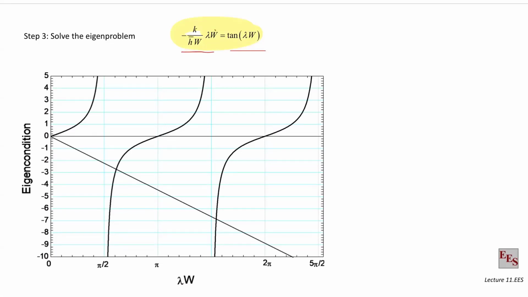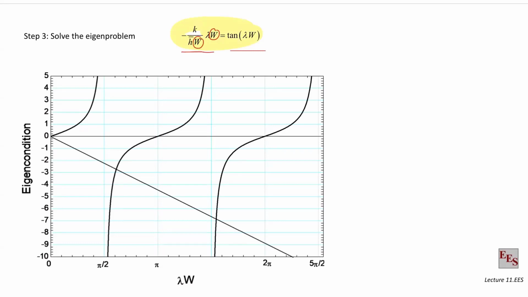Notice I've multiplied by w over w so that we can do this in terms of the product lambda w, just to normalize it a little bit. So let's plot what's on the left-hand side and plot what's on the right-hand side. Where those two plots intersect each other, that's where this equality is true.